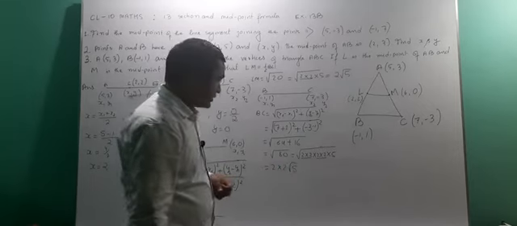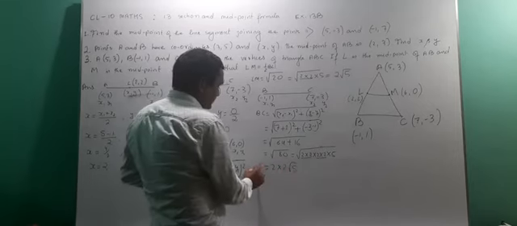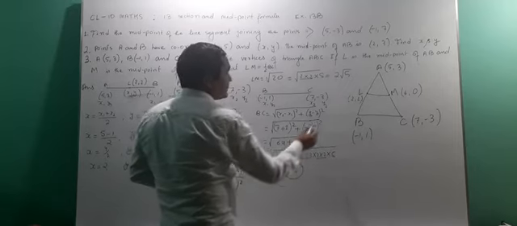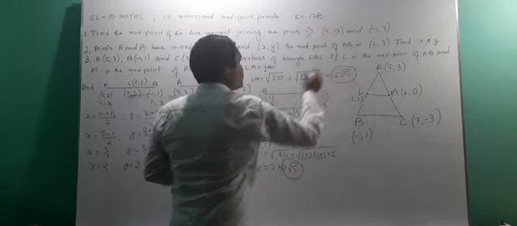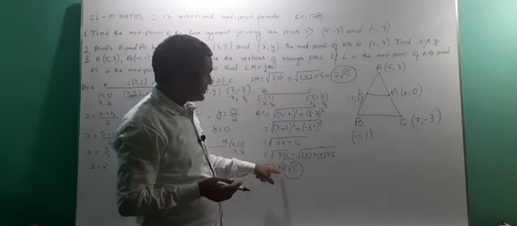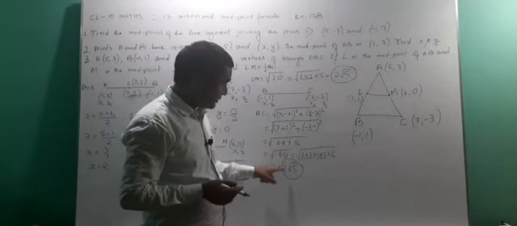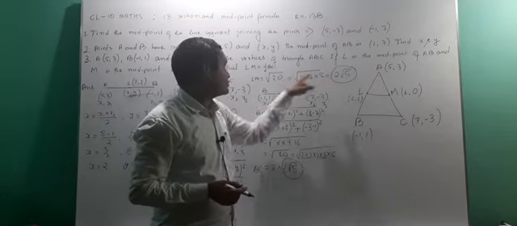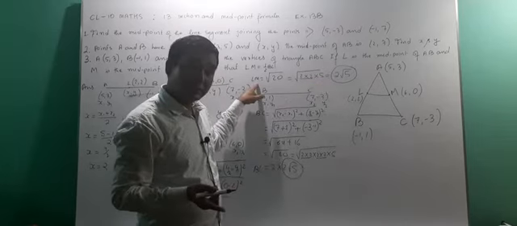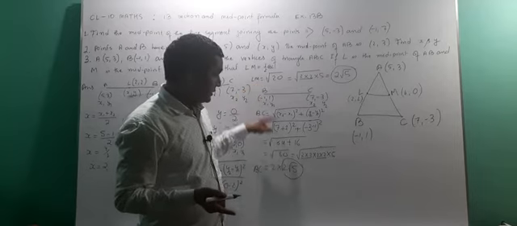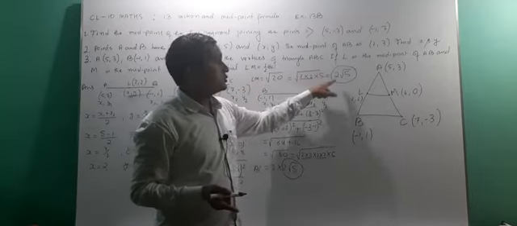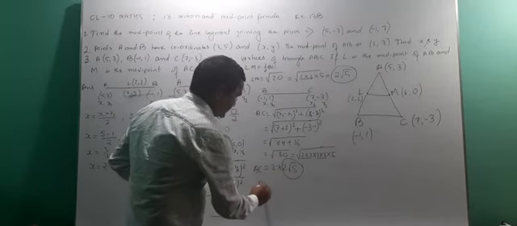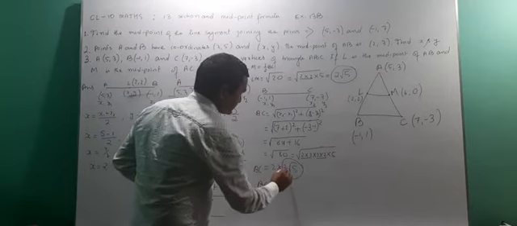Okay, now look here, this is BC. This value and this value are the same. That means, can we replace 2 root 5 by LM? Yes, obviously, because LM equals 2 root 5. Let's replace it: BC equals 2 LM.